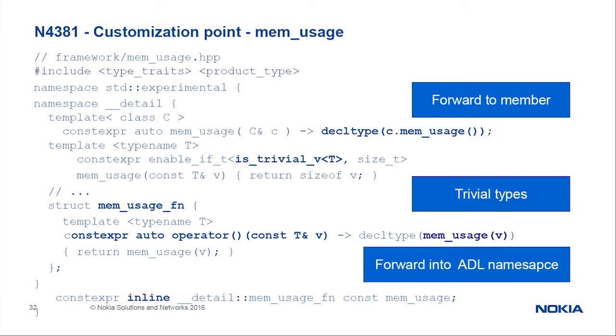And then, once we have defined our default cases, we define the function object with the overloaded operator call, and just forward to this mem usage function using ADL.